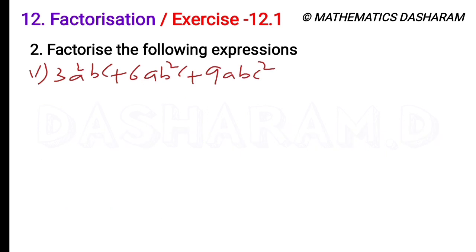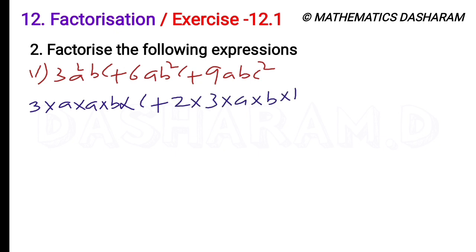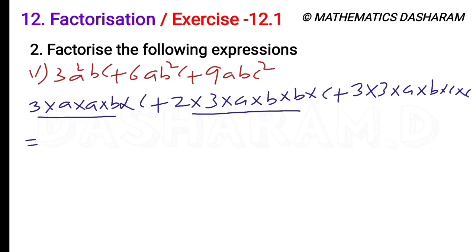Next, fifth question, 3a square bc, 3 into a into b into c, plus 6, 2 into 3 into a into b into b into c, plus 9, 3 3s are 9, 3 into a into b into c into c. So now observe the three terms together. So 1 3 common, okay.